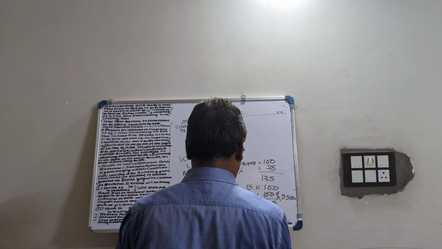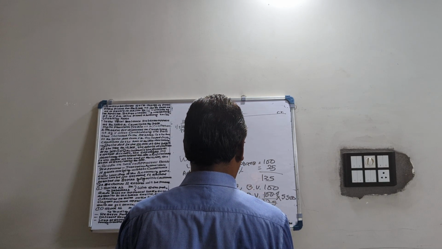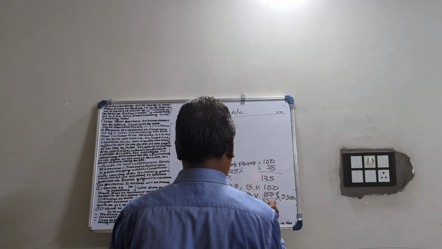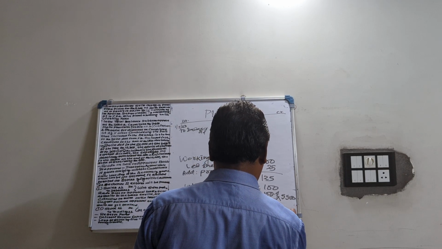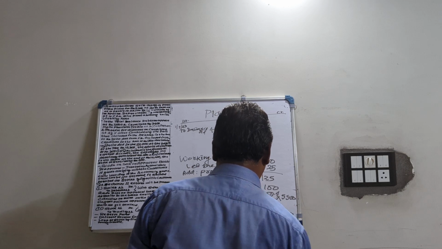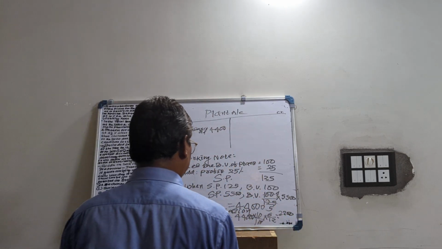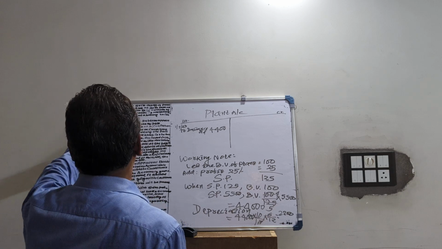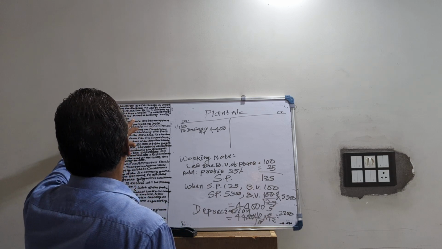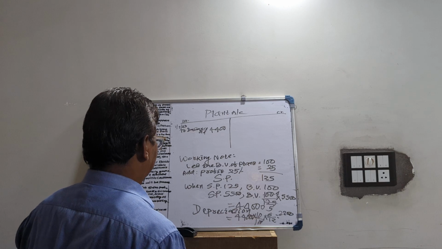And 10, 440 into 220. This is 44,000, which means it is 2,200. When depreciation is 2,200, we are selling the plant for 5,500.